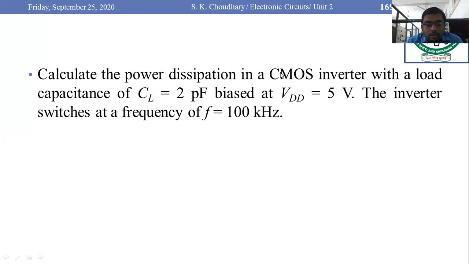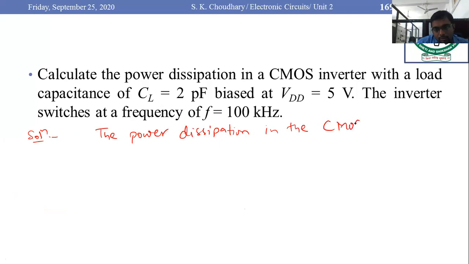Okay. So what is the formula of the power in the case of a CMOS inverter? Power dissipation. So you have to use the formula of power dissipation. The power dissipated in the CMOS inverter is P is equal to F, where F is the switching frequency, then CL into VDD square.